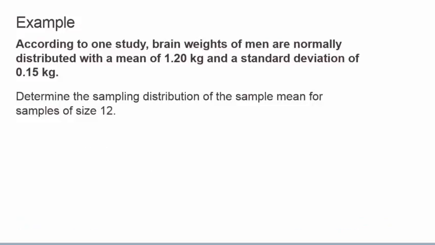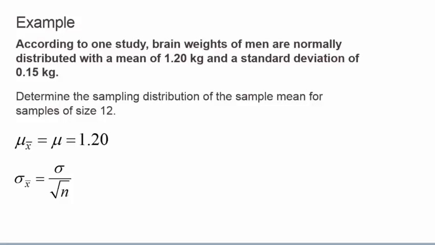Continuing with our example, we have the same mean and standard deviation. In this example, determine the sampling distribution of the sample mean for sample sizes of 12. We are using the same formulas as the previous example, so our mean of the sample means is still 1.20.